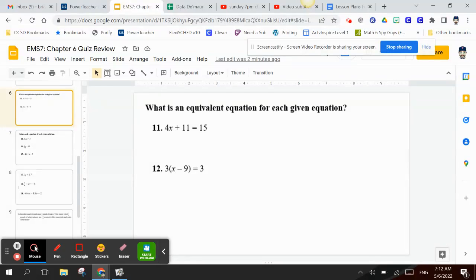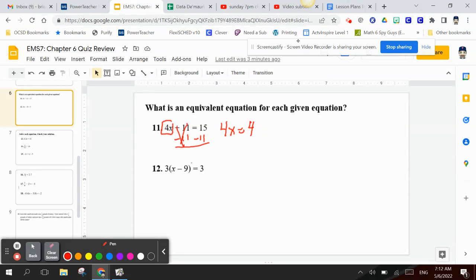Number 11 and 12 want you to write an equivalent equation for each given equation. So number 11, if I keep my variable over here by itself and I subtract 11 from both sides, 11 minus 11 is 0, so I'm left with 4x equals 4. That's my equivalent equation.